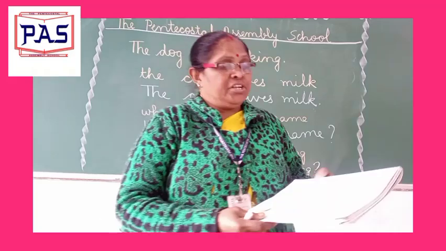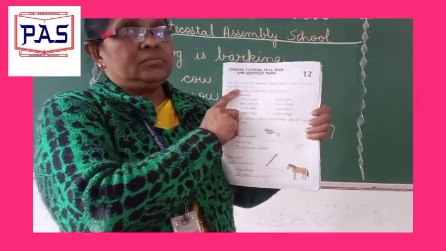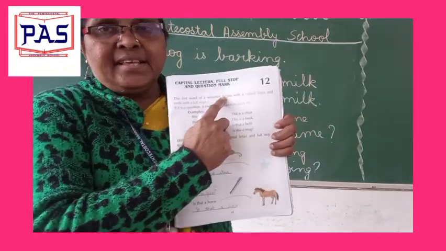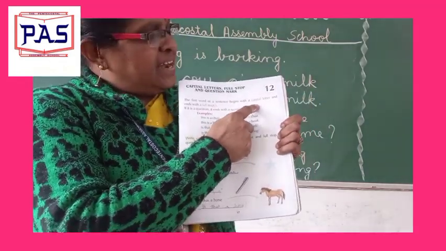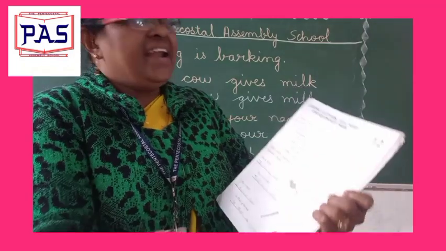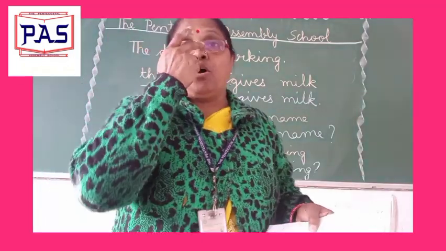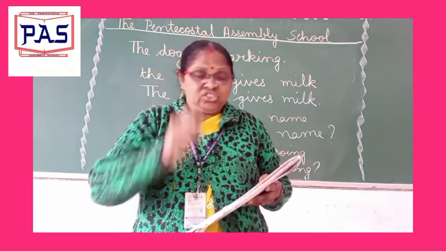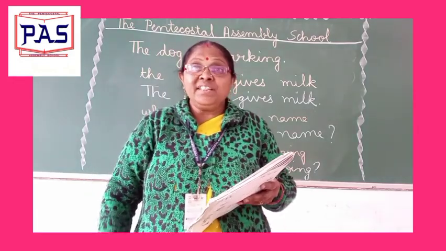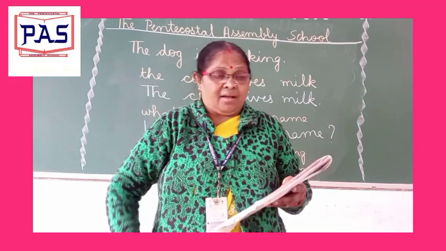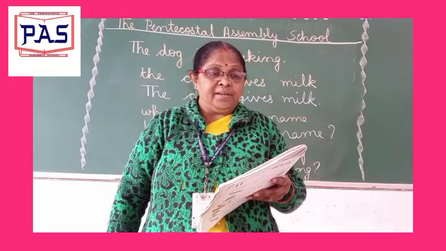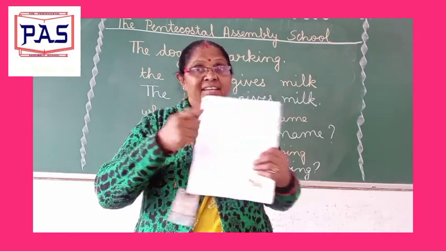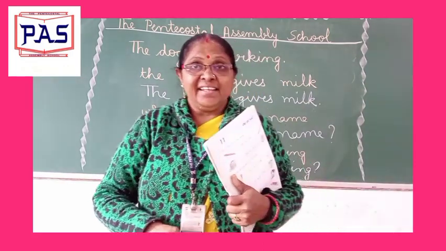Now, let us look into your book. The first word of a sentence begins with a capital letter and ends with a full stop. If it is a question, it ends with a question mark. Now for example, this is a chair. It is not written correctly.